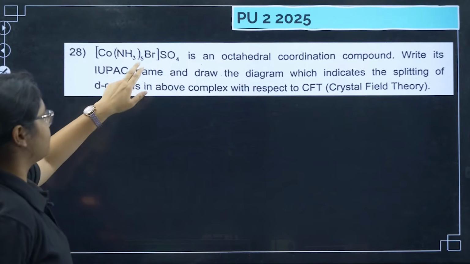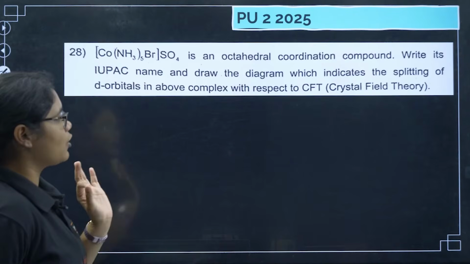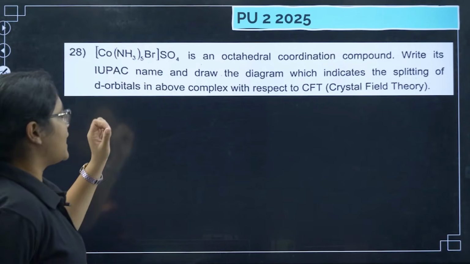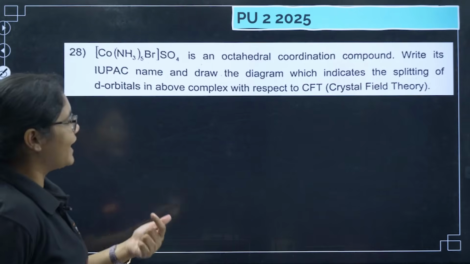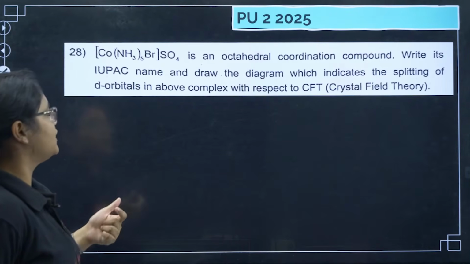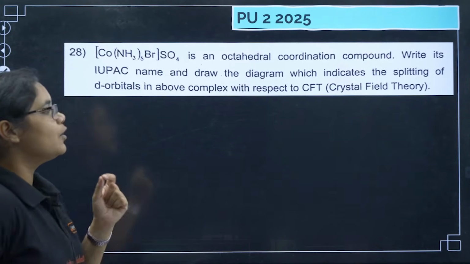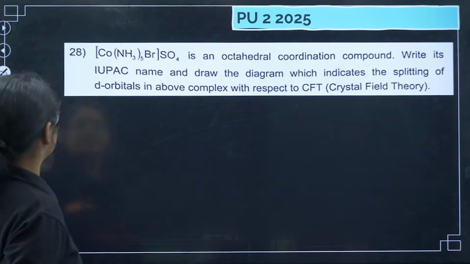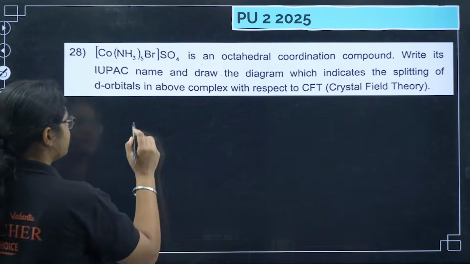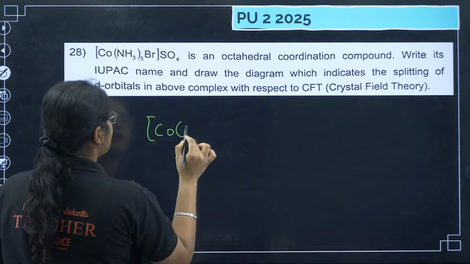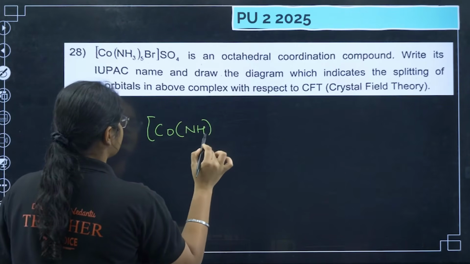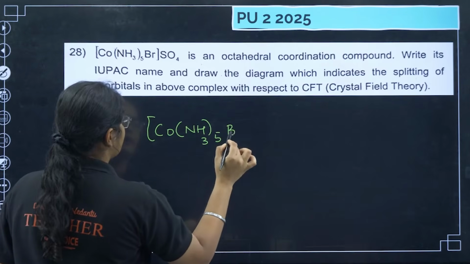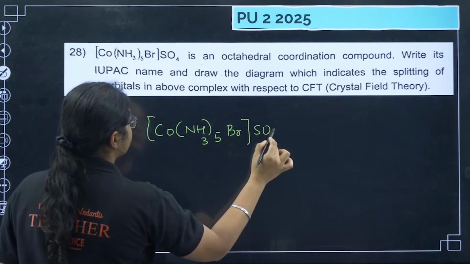[Co(NH3)5Br]SO4 is an octahedral coordination compound. Write its IUPAC name and draw the diagram which indicates the splitting of d orbital in the above complex with respect to CFT. Okay, so first of all we'll write the IUPAC name here. So I have this compound, that is [Co(NH3)5Br]SO4.